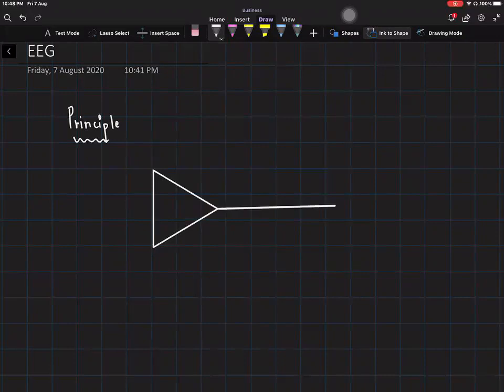Think of this as a basic electrode, and you have an anode and a cathode.